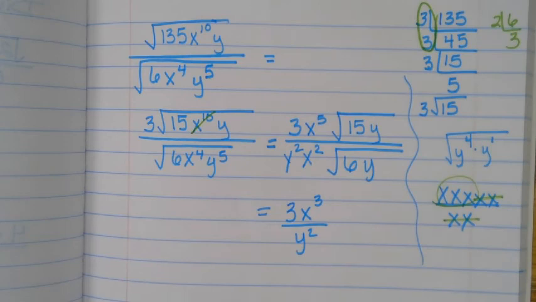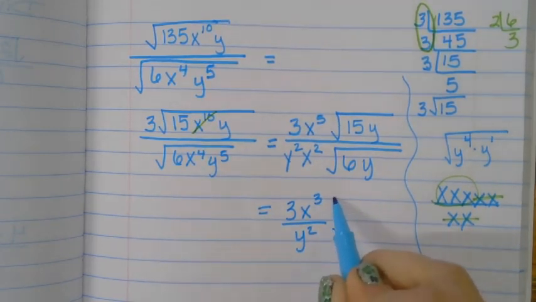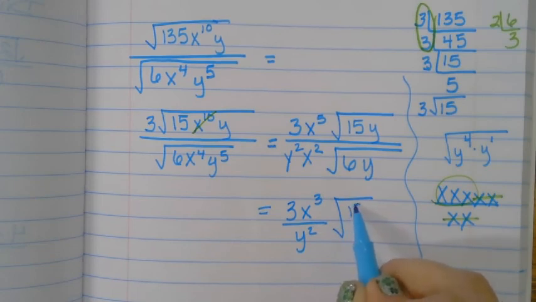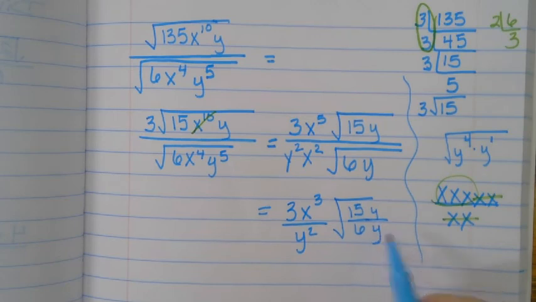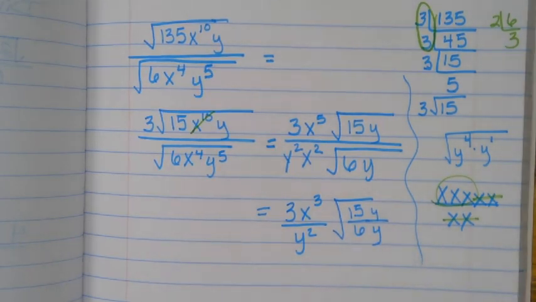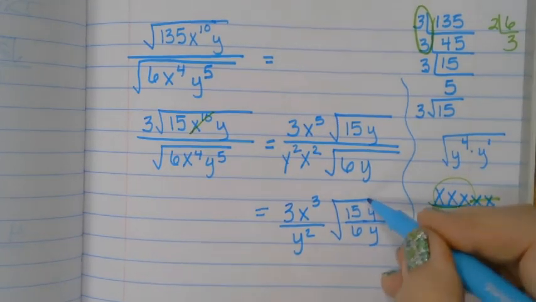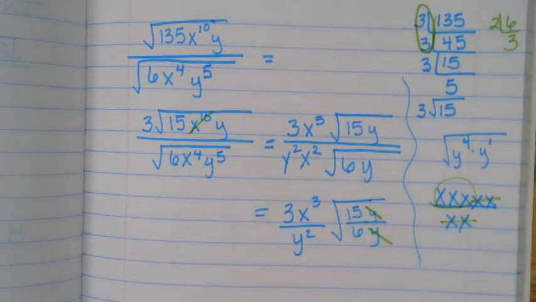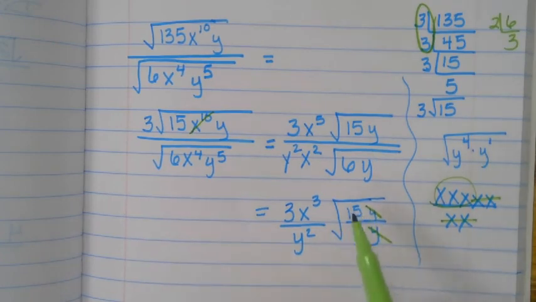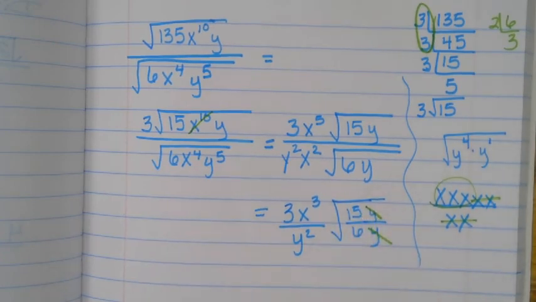Okay, if you forget whether you add, subtract, or whatever. Okay, now, this part. The stuff that's under the square root, we can now consider it all as one square root, and do 15 over 6, y over y. So now what cancels? The y's will cancel. They're both under the square root. Now, can that 15 over 6 be simplified?